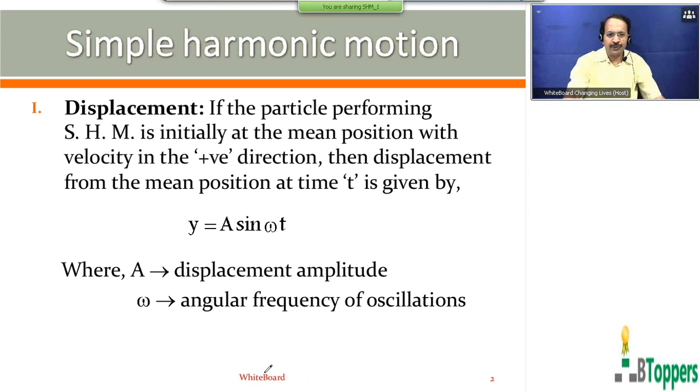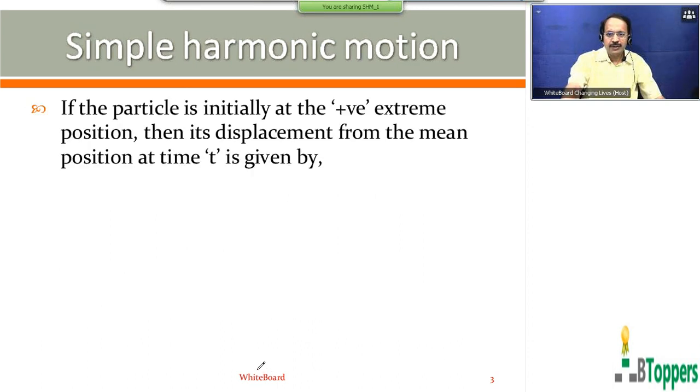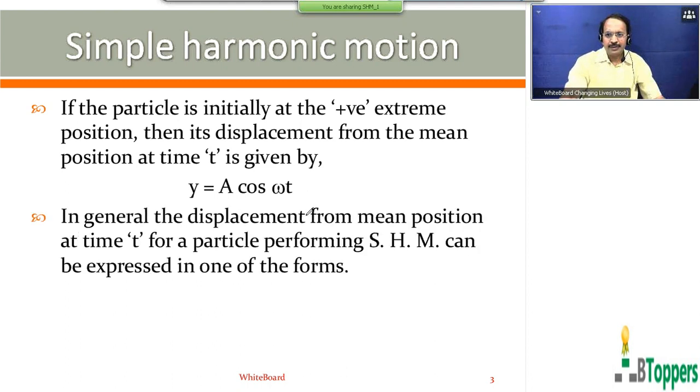I want to show the notes continuation to this. The particle is initially at the positive extreme position. Then the displacement from the mean position at time t is given by y equal to A cos omega t.